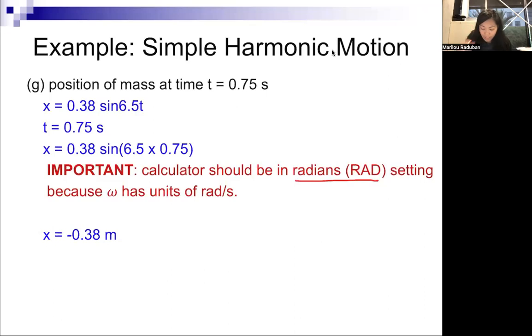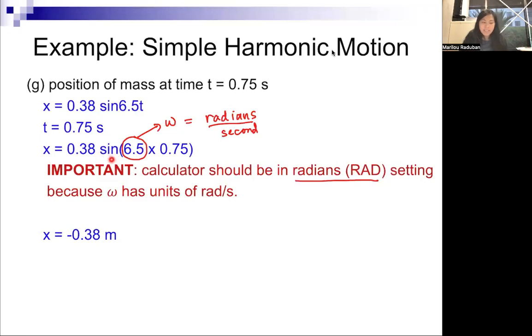The reason why your calculator has to be in radians is because this is omega, 6.5 omega. Angular frequency is measured in radians per second, because the unit for omega is radians.